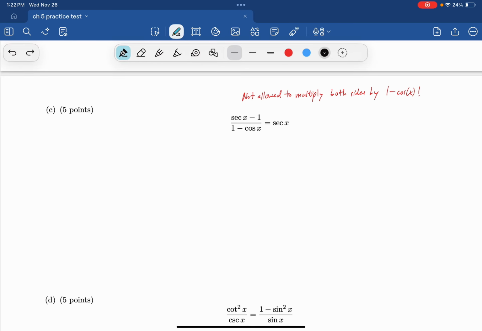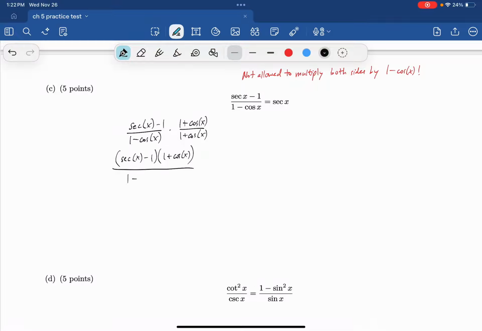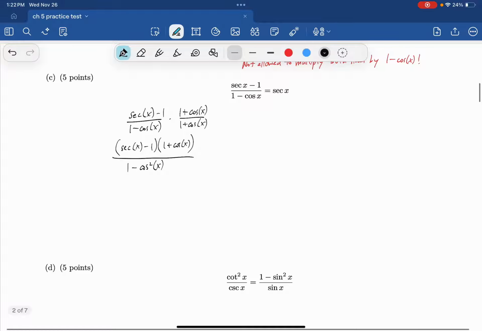All right, so the left-hand side, we're going to rewrite as secant x minus 1 over 1 minus cosine x. But then we're going to multiply top and bottom by 1 plus cosine x. Okay, so the top becomes secant x minus 1 times 1 plus cosine x. But the bottom is simply a difference of squares, right? So this becomes 1 minus cosine squared x. All right? And so the top, now we can expand this.